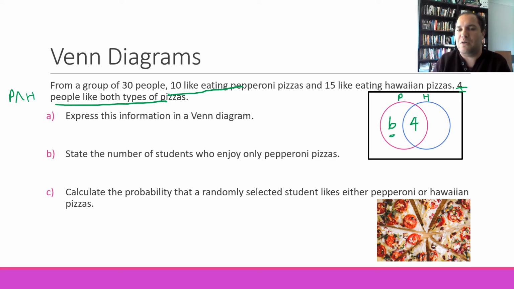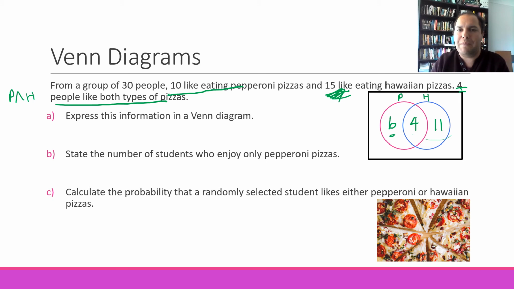In the same way, in the Hawaiian circle, we know there are 15 people. We've got 4 already, so there must be 11 people who only like Hawaiian, so that the total of that Hawaiian circle ends up being 15.